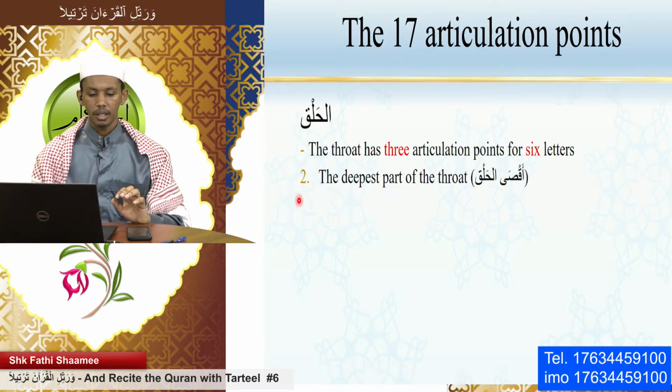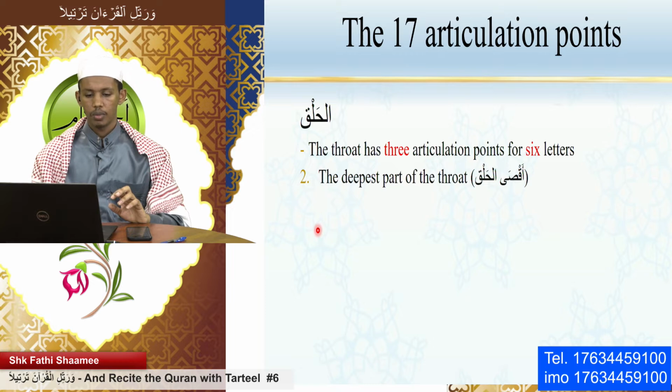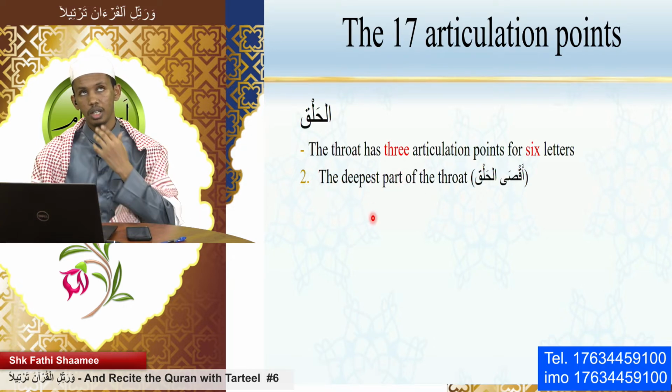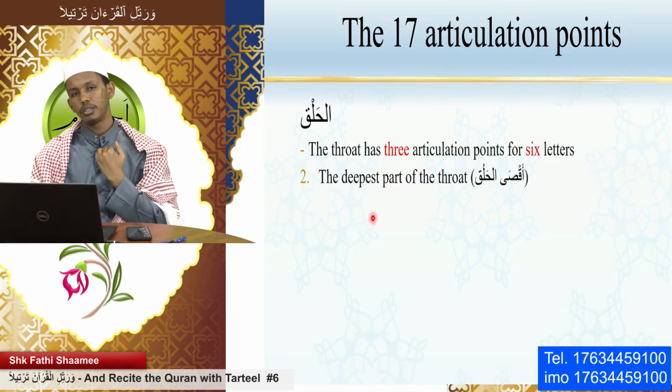So the second articulation point out of the 17 total is the deepest part of the throat, which is aqsa al-khalq. So the deepest part of the throat relative to the mouth, right? So relative to, let's say, your lips, the deepest part of your throat.